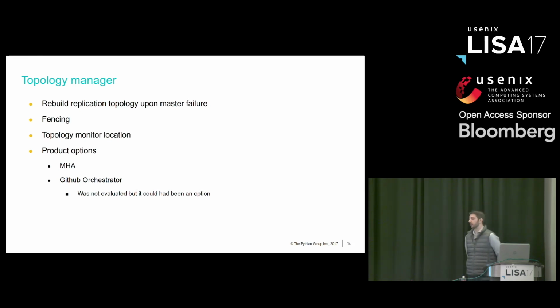We knew we needed a double strategy or a mixed strategy. On one hand, we need to make sure that the master that was considered dead was down, and for that we could use the Azure API to try to shut down that server.